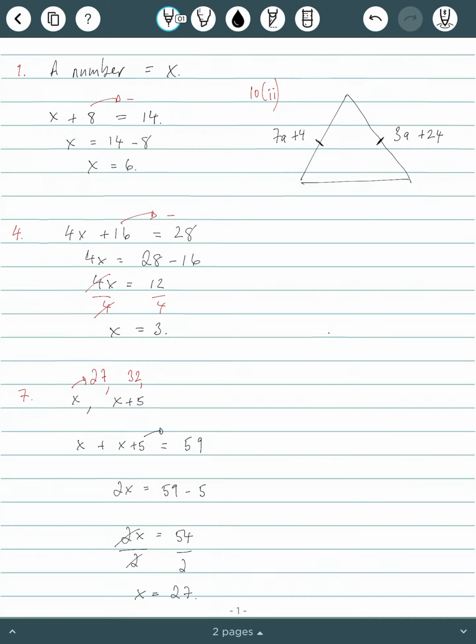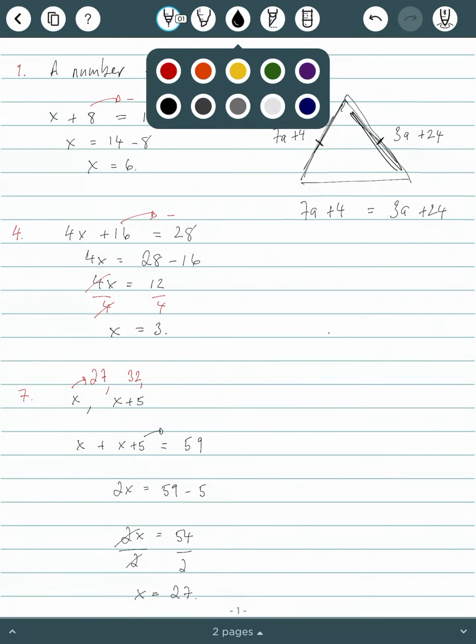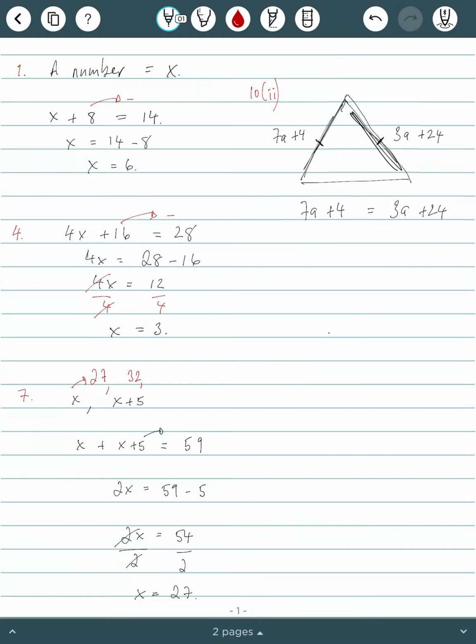Now how am I going to create an equation from that? Well, I know that this side has to be equal to this side here. So I can say 7a plus 4 is equal to 3a plus 24. Just like x's, we move the a's to one side and the numbers to the other. I'm going to move the a's over to the bigger a side, so 3a becomes a minus.